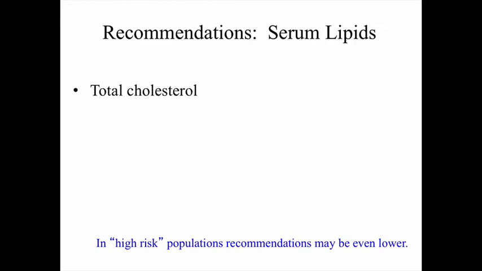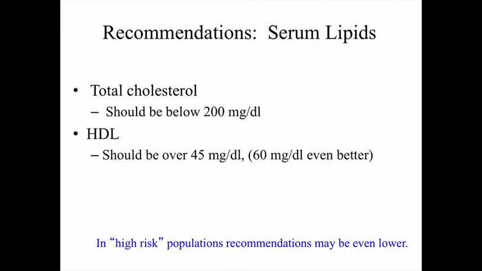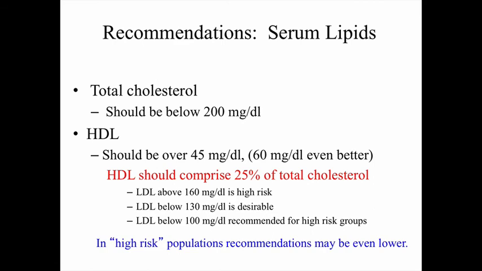So in this lipid conversation, just really quickly, these are sort of the classic recommendations for serum lipids. When we historically measure serum lipids, we measure VLDL, HDL, LDL, and total cholesterol. HDL is what we would classically consider the good one, high density lipoprotein.